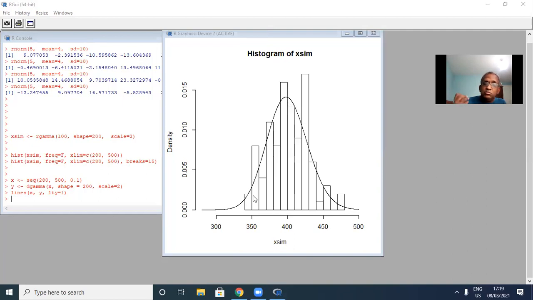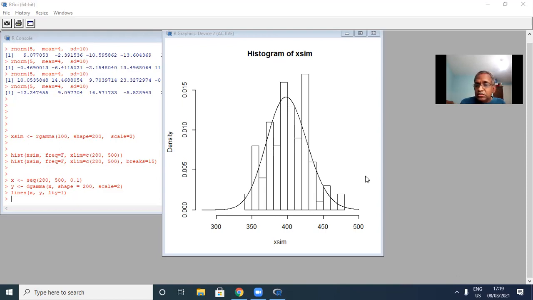The data was simulated from a gamma distribution with the parameters 200 and 2. And hence, the density must be a close match to the histogram.